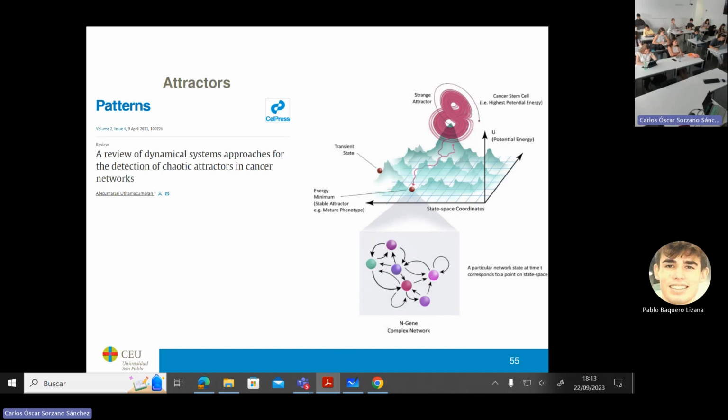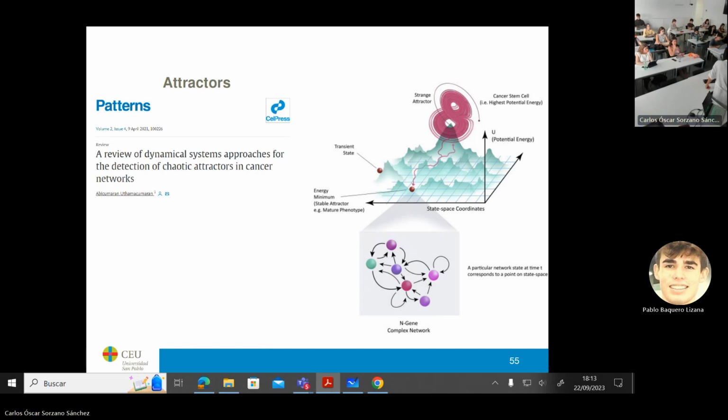So when you have, for instance, a gene network, you have two different states: one that is the healthy state, and the other one that is the cancer state. And you may have different cancer states. Actually, cancer is not just a disease; it is a whole collection of diseases. So there are many different kinds of tumors.